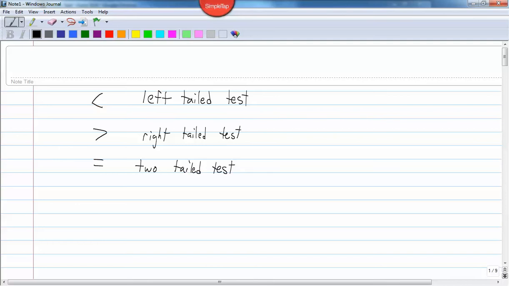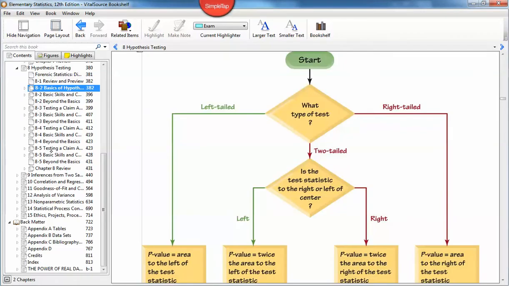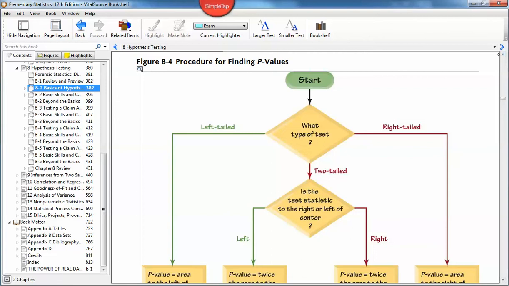So why does this make a difference? When calculating the p-value, and this isn't proportion p, so don't get this confused, p-value is one way of testing a claim. There's a very helpful chart in your textbook or your ebook, figure 8.4 and 8.2, and it tells you how to calculate a p-value.